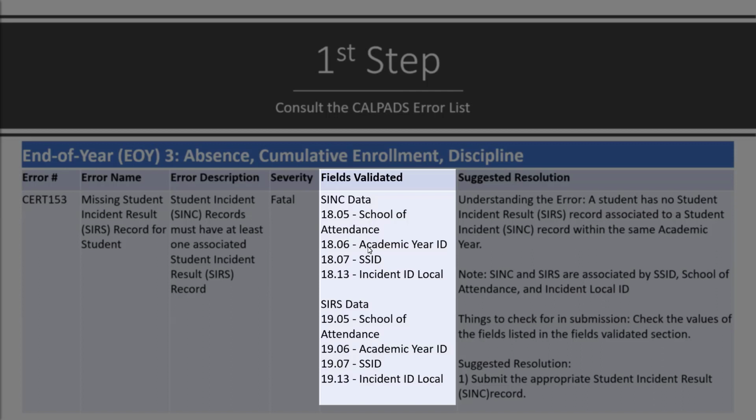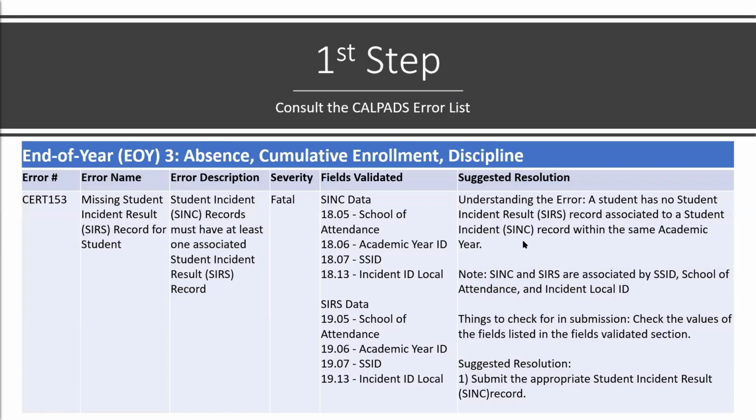You see school of attendance in both data sets, academic year, SSID, you see that there in both data sets, and incident local ID. That's how we know the same student in the same academic year at the same school is in a single incident, because the incident ID ties the result to the incident record.